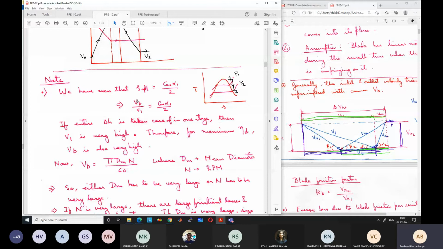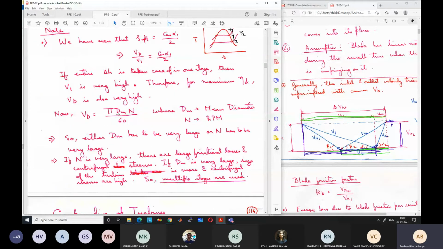So if VB is very high, either dm has to be very high or n has to be very high, or both. If dm is very high, what is the problem? Mean diameter is very high means the length of the blades is very large. Blades are very long. What is the problem in having very long blades?